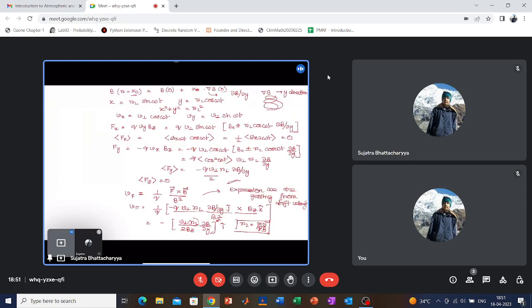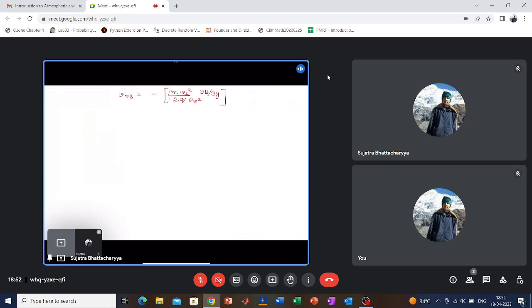This should be the expression, right? And you can see that this is nothing but the perpendicular kinetic energy. So it's minus the kinetic energy by q bz square delta b delta y, and it is in the i cap direction. Therefore, what will happen?